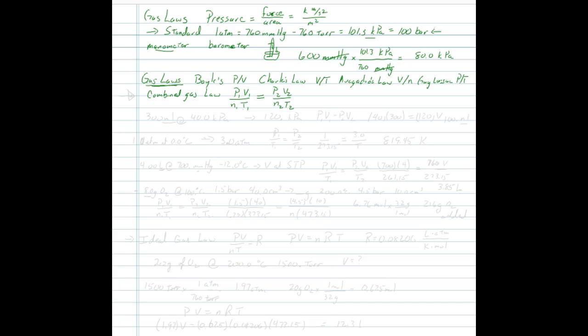Pressure P and volume V can be in any units you want. N has to be in moles, and temperature must be in Kelvin. It has to be that way. There's no way around that. A couple of sample problems for this.